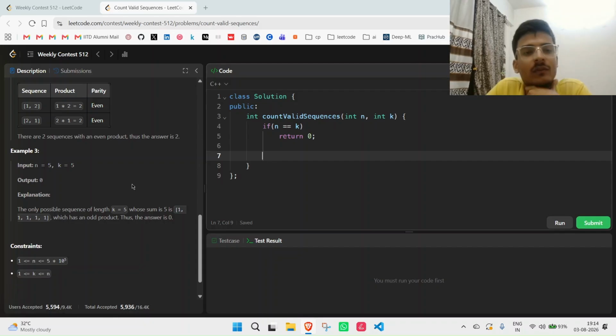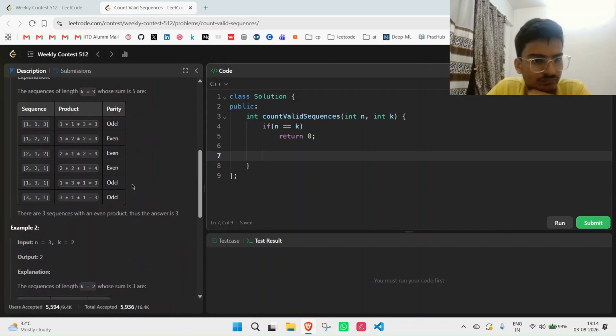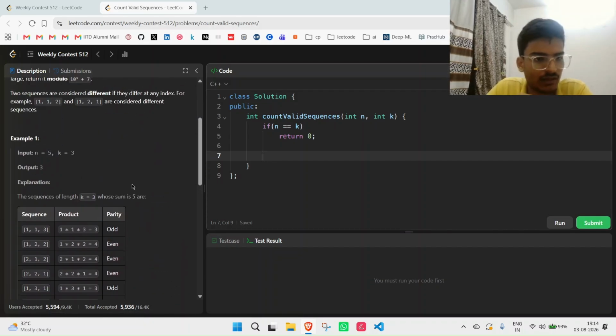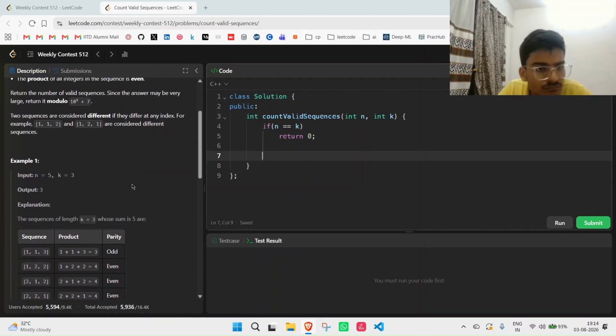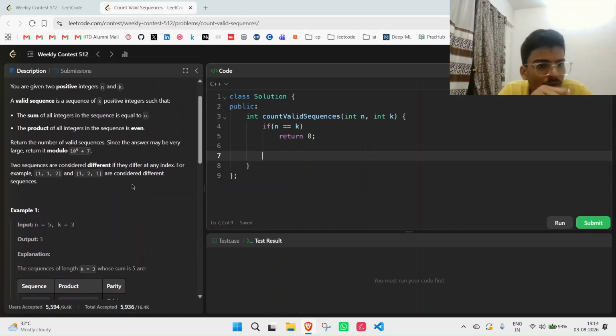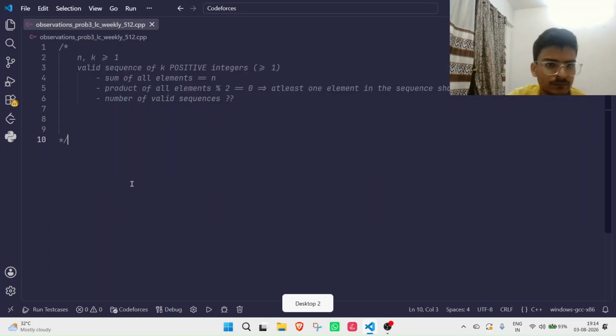Otherwise, k is less than or equal to n, and k is not equal to n. The product should be even.